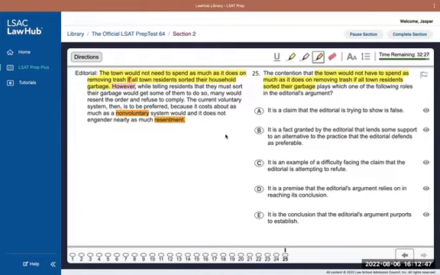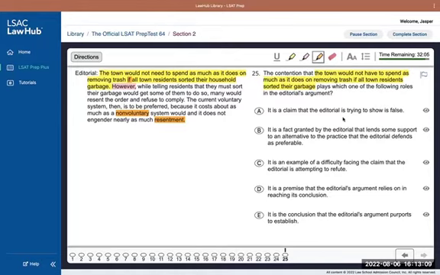Okay, so this initial claim provides the problem, I guess. So A, it's a claim that the editorial is trying to show is false.